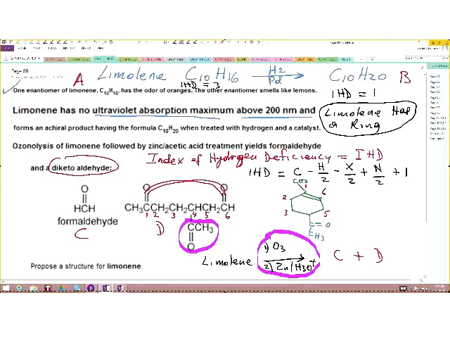Now, they also said that this reaction formed formaldehyde. So what we need to do now, we have this carbonyl and this carbonyl, we join them together, because they must come from the cleavage. So if that is the case, follow me now.